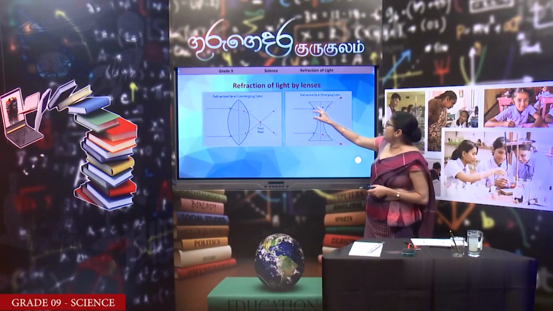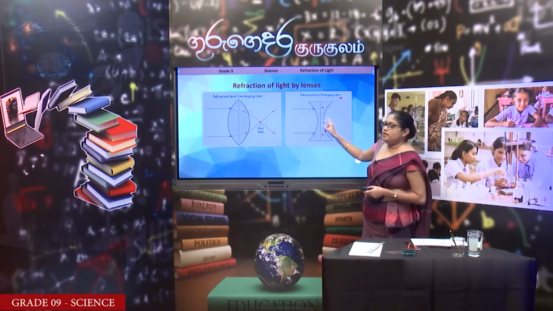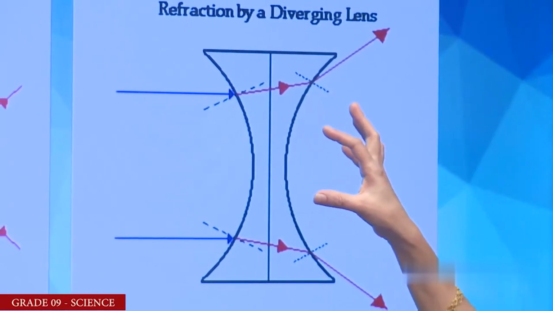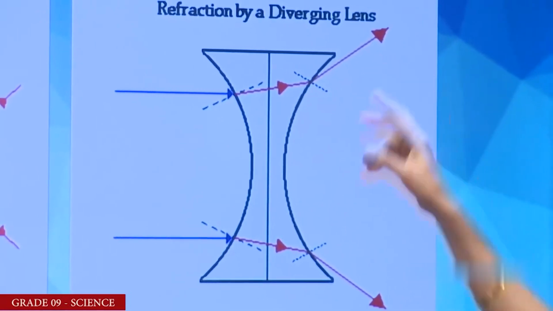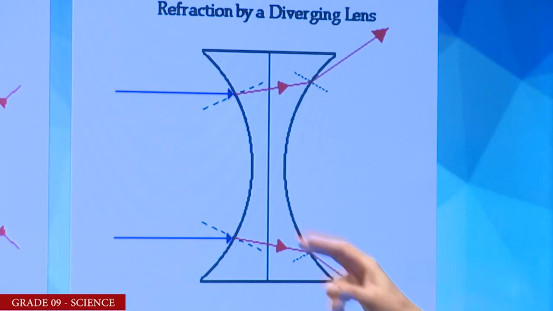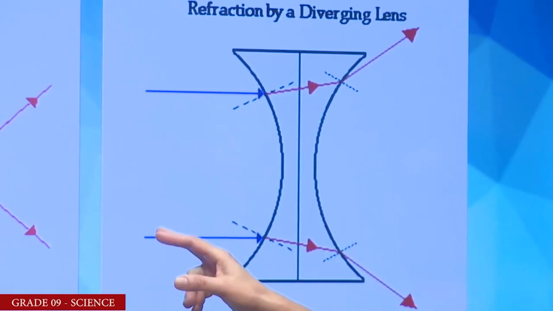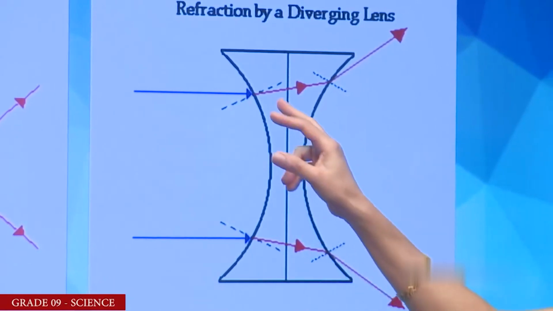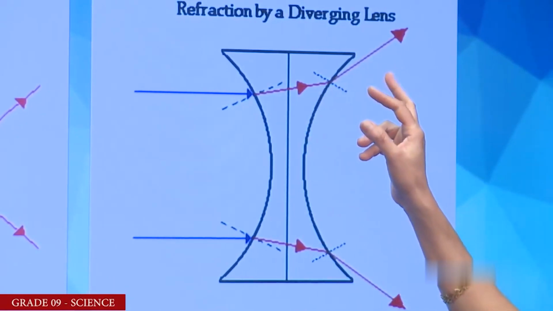This is a biconcave lens. Here you know that biconcave lenses diverge light rays. When a parallel beam of light is falling on a biconcave lens, this is how it is getting refracted.